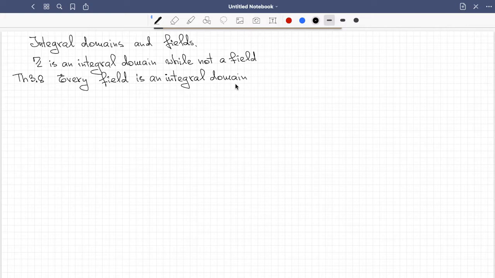So, field but not integral domain cannot happen, while integral domain, while not a field, indeed happens. Z gives us an example.